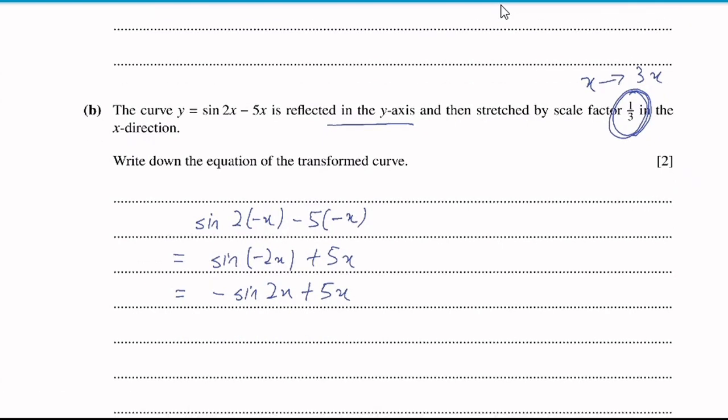So finally, we get negative sine 2, where the x becomes 3x here. So we get negative sine 6x plus 15x. Both are in the x direction. So this is the difficulty about this question. Again, it's a write down, so as long as you get the final answer correct, they will just give the marks.